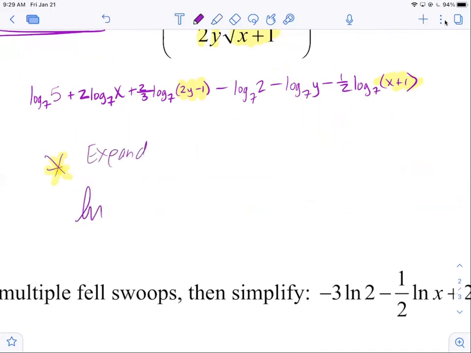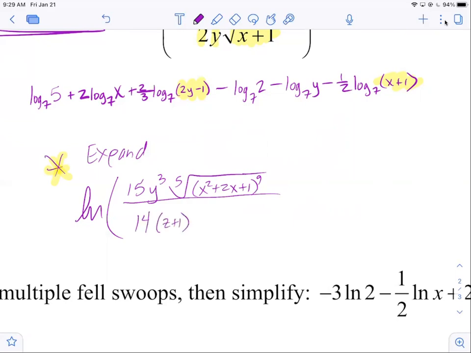We're going to have the natural log of, how about 15 y to the 3rd times the 5th root of x squared plus 2x plus 1 to the 9th power, well, over 14 z plus 1 times the 10th root of 11 plus 12x. Go.